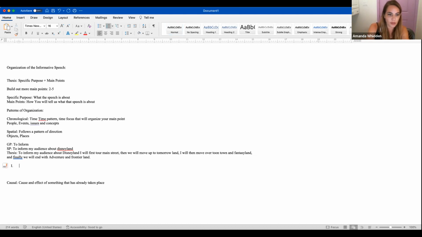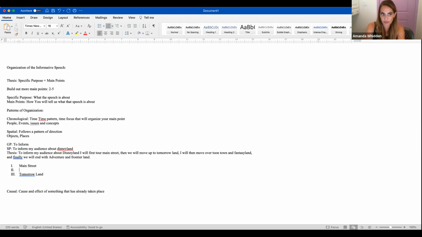In your first one, you're going to have something called Main Street, right? And what you'll start to learn next week is that your main points are designated by Roman numerals. So it would be Main Street, and then Tomorrowland. But within each of these main points, you will still address all the things that you wanted, just in a more organized manner.